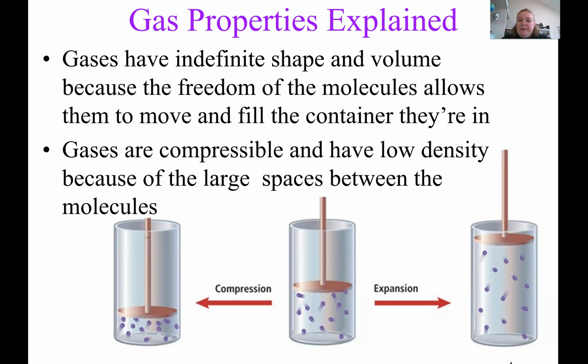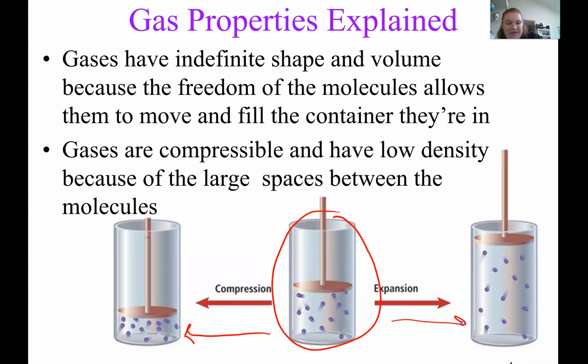This is really the same information that was on the previous page, just with a picture to go along with it. If we focus on the one in the center, our gas molecules are moving around. We can compress them, and they're just going to move closer together. We can expand it and give it more space. Going to the left shows that they're compressible.